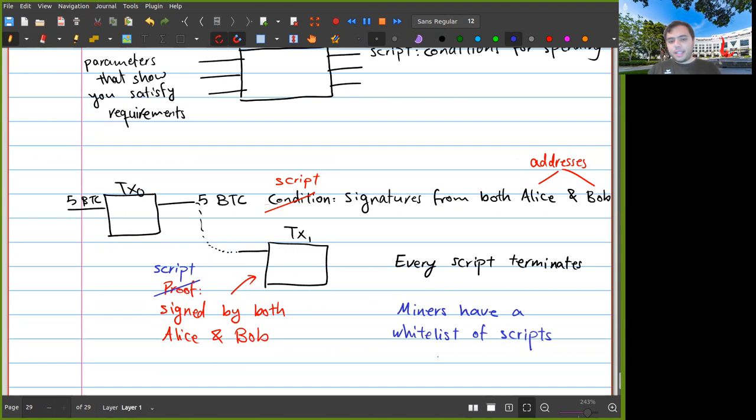What that means is that if you write a script that is not on the whitelist, then the miners will simply not mine it and will consider your transaction to be invalid, even though it's not invalid according to Bitcoin rules. And again, the most common scripts are just the script that asks for a particular signature or the script that asks for signatures from several different addresses.